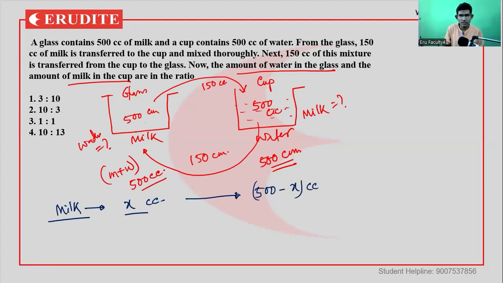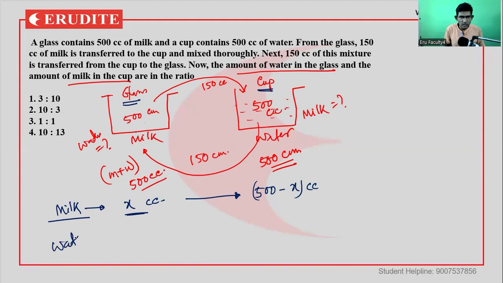Overall there was 500 cc of milk initially. So let's take the glass contains, after intermixing twice, x cc excess of milk. That means the remaining 500 minus x must be there in the cup automatically, because total volume is fixed in both the glass and cup.